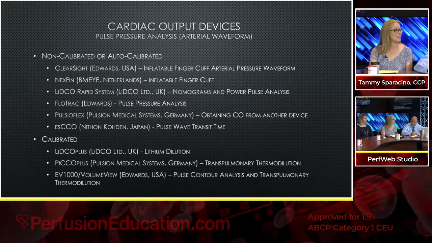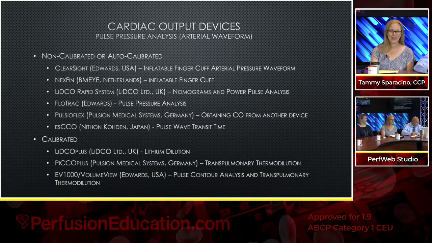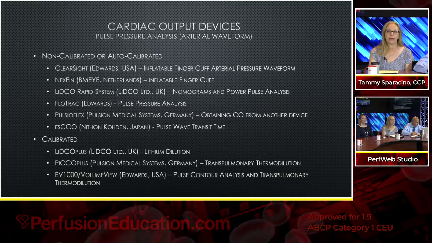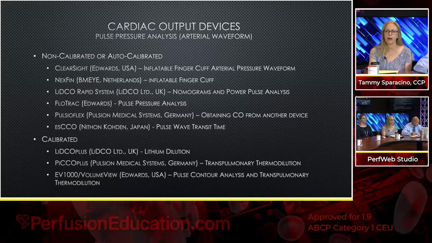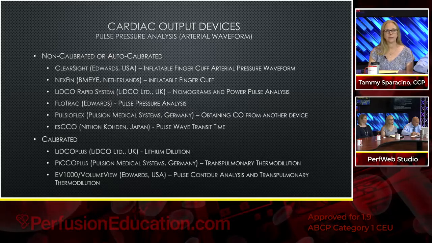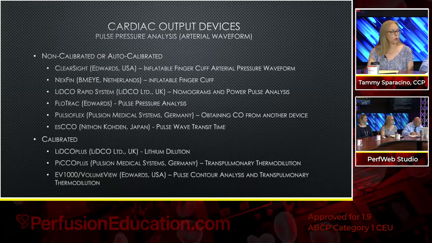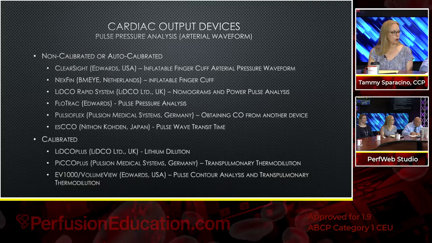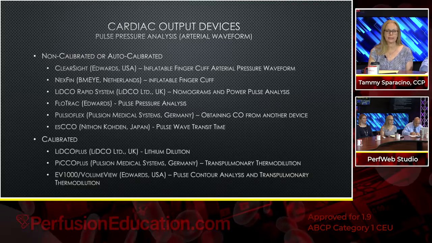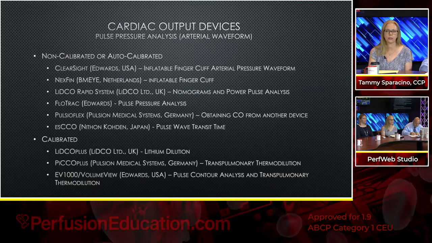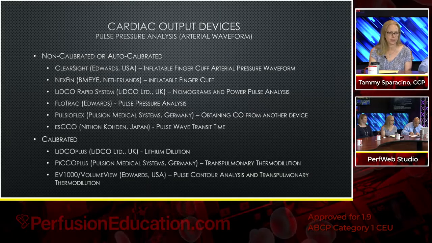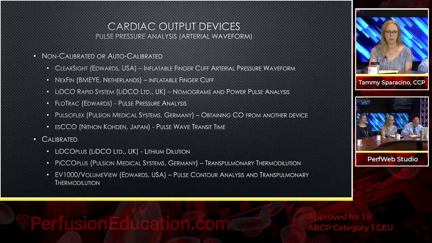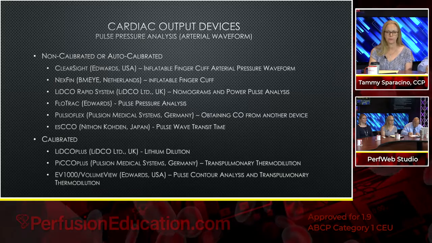Believe it or not, there's another one, and it's the Nexfin. This is a company out of the Netherlands, and it is also an inflatable finger cuff. They do have their own different complex formulas on how it's determining this, but the basic idea is the same. They're both using arterial pressure waveforms, and they're completely non-invasive, just like a blood pressure cuff. Don't need anything else to go with those.